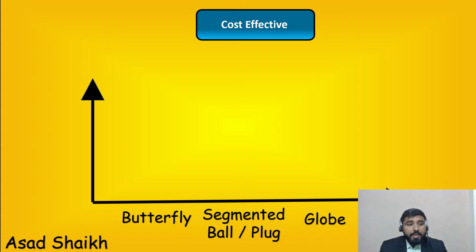Okay, let's check. Selection as per application, I see. Somebody says globe is the cheapest, butterfly is the cheapest. Globe, butterfly, depends on application. Safe answer.